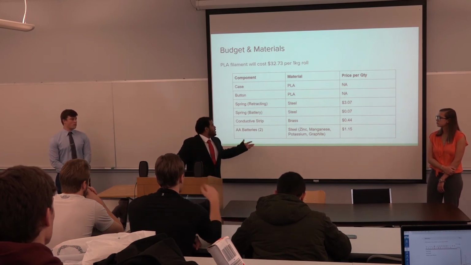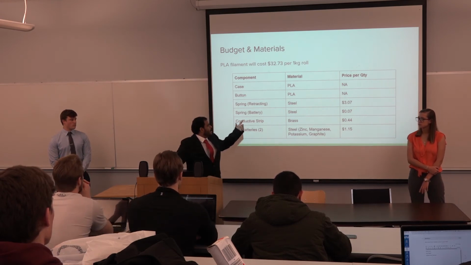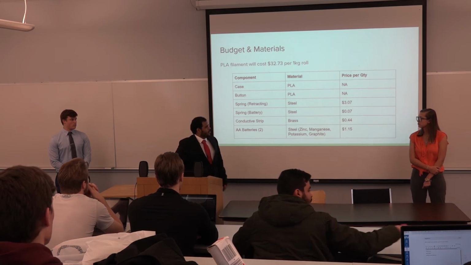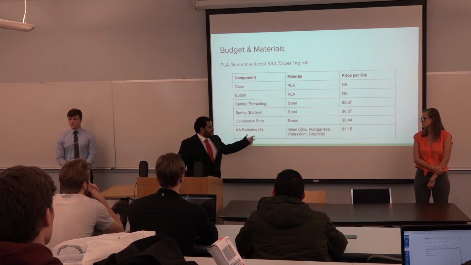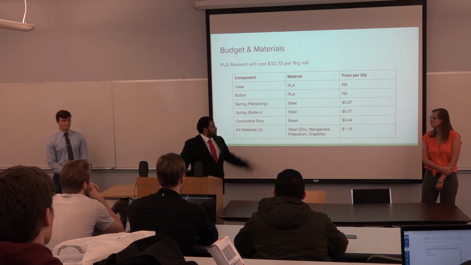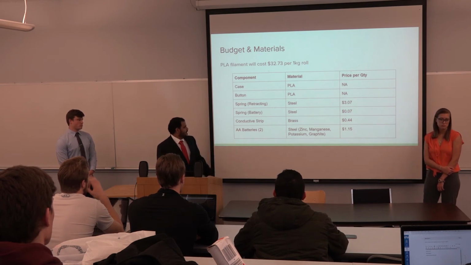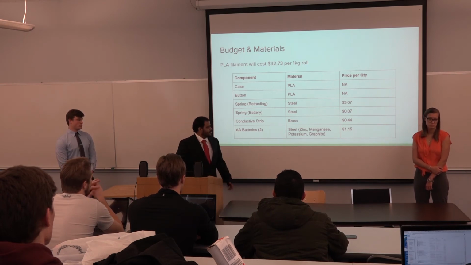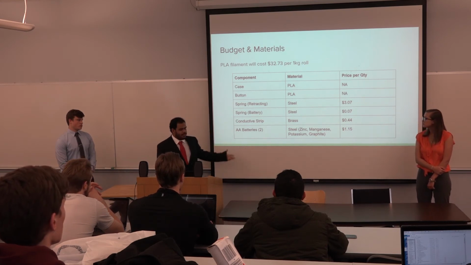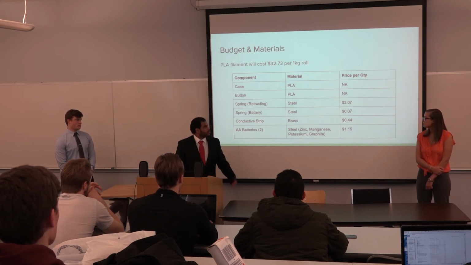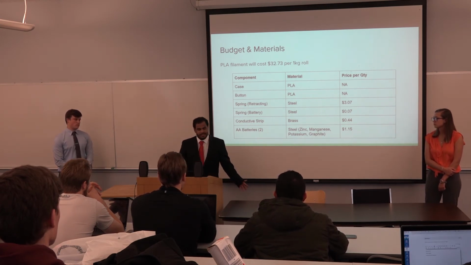And we're going to use 2 springs, a small one that goes under the battery, and the retracting one. For the conductive strip, as we did the test, it's going to be copper-based, and it's super cheap. And normal AA batteries: for the high temp one, we're going to use 2 and 1 for the low temp one. So to build our model, it's going to cost roughly $7.